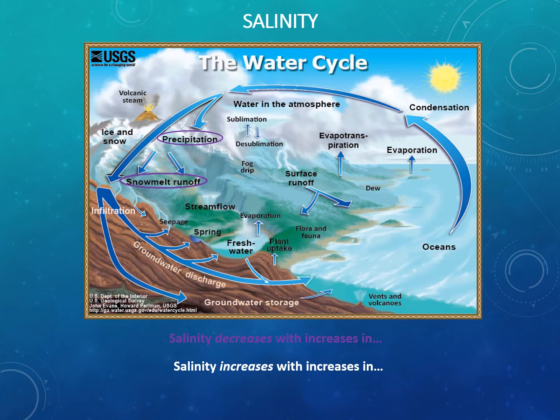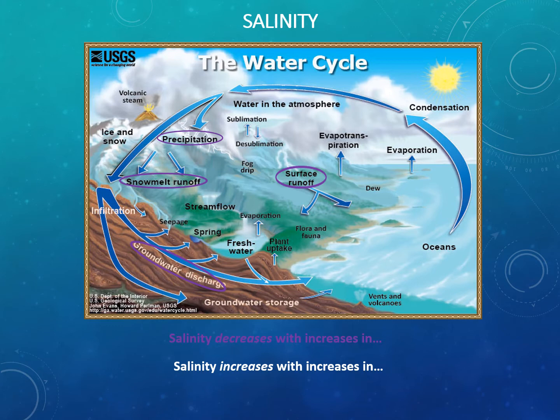Increased runoff from snowmelt. Increased runoff of rivers and streams, so from excess rainfall. And also increased groundwater discharge. With groundwater, as it seeps to the surface, sometimes it will discharge and meet the surface again. All that runoff collectively, as it hits the surface of the ocean, will decrease the salinity in that particular area.